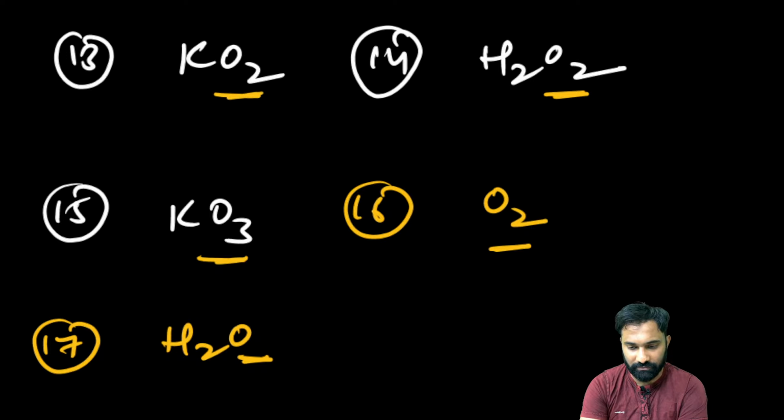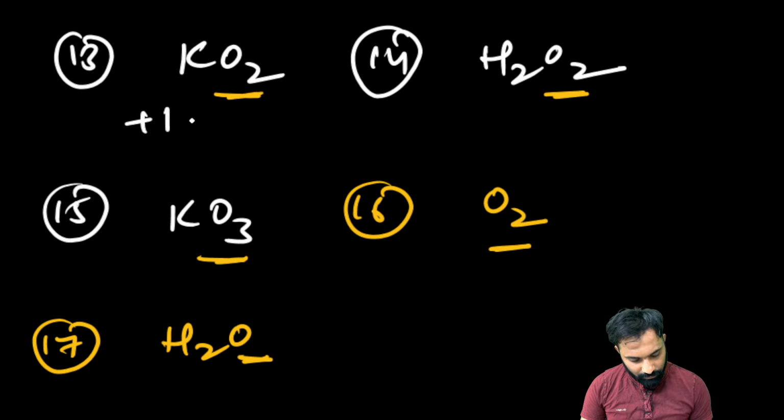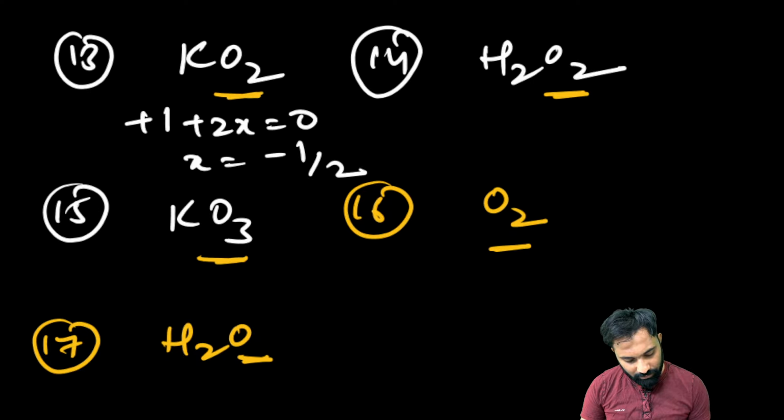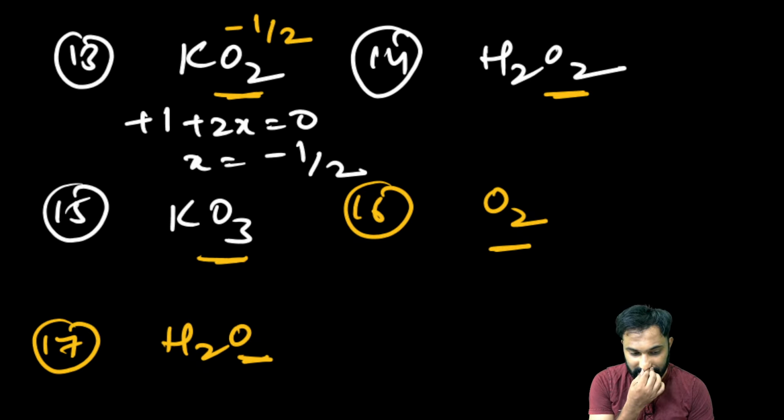It is plus or minus. Here the potassium is plus 1, plus 2x is equal to 0. Now if you send the 1 to the left hand side, x is equal to minus 1/2, right? Now in the superoxide, oxygen oxidation number is minus 1/2, it is not plus.